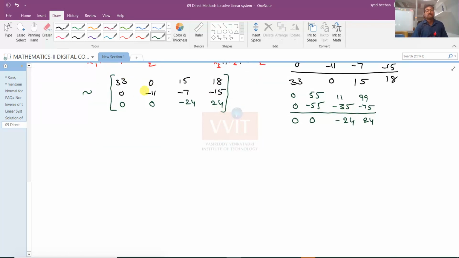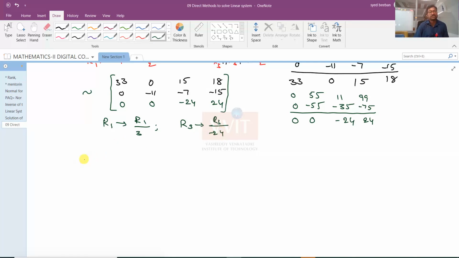Now, before proceeding from here to here, I would like to simplify this one. So R1 I can divide by 3, R1 prime is R1 divided by 3. R2 is not possible to simplify. R3 prime is R3 divided by negative 24.